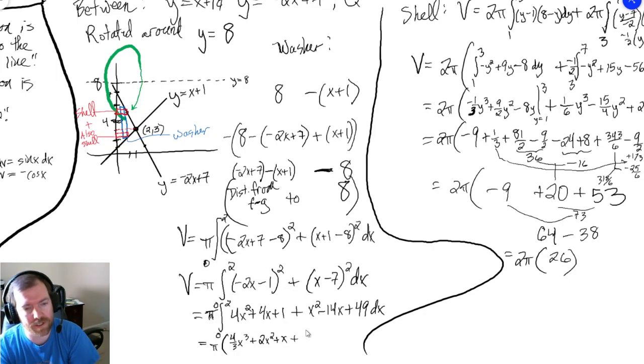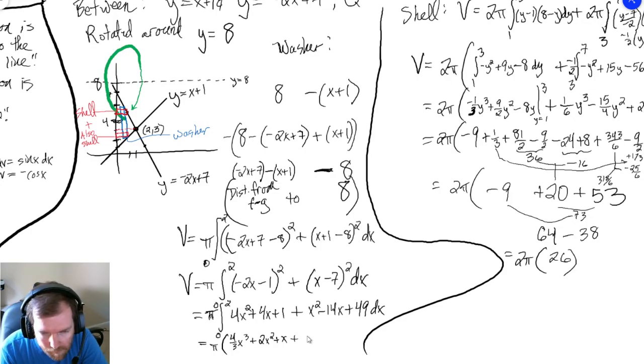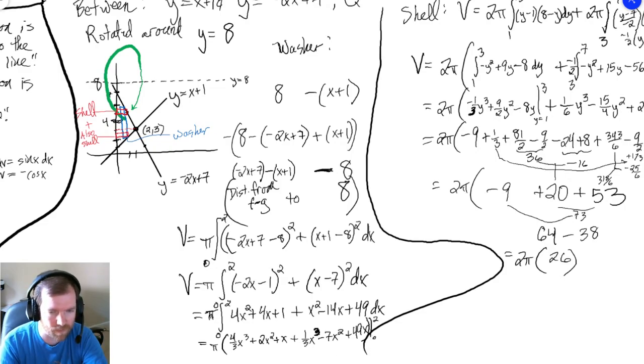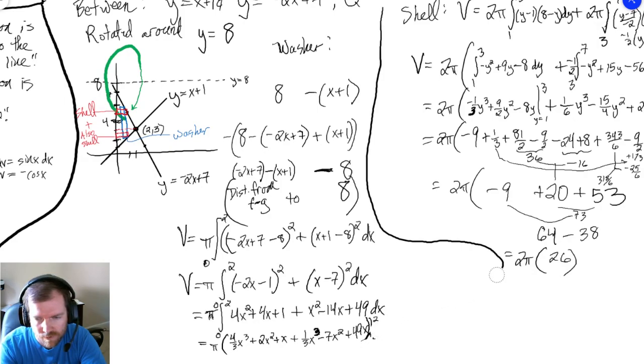Probably would have been a little bit easier, but yeah, whatever, it'll work. 1/3 x cubed minus 7x squared plus 49x, evaluated from 0 to 2. All right, we can actually get rid of this line that's here too.